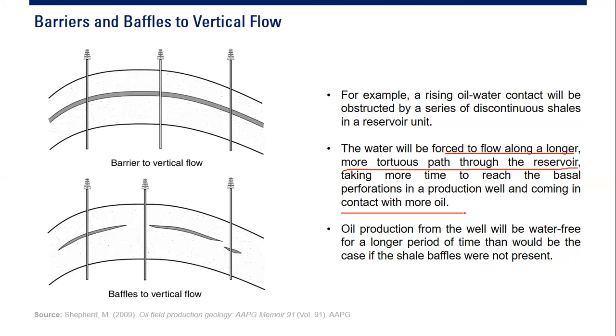So in the process, the water in those tortuous paths will push, will sweep the oil, which will later on increase the oil production, or you can say improve the sweep efficiency. So that's another takeaway point. That's another good news of having baffles or barriers to flow.